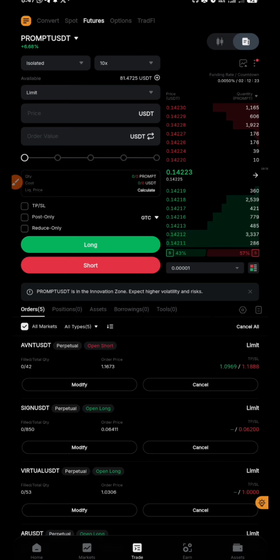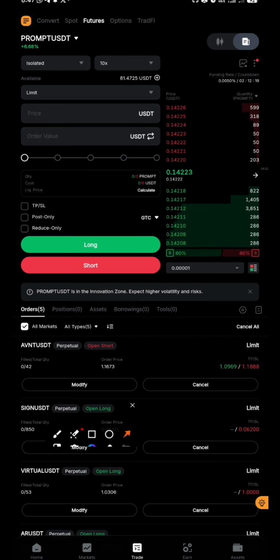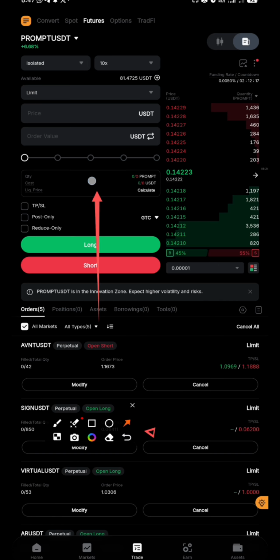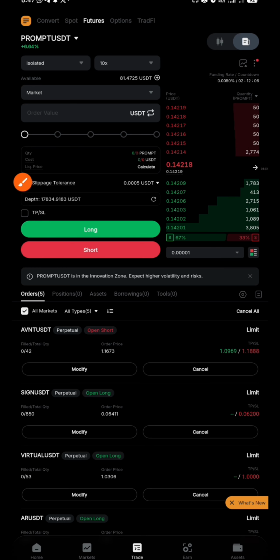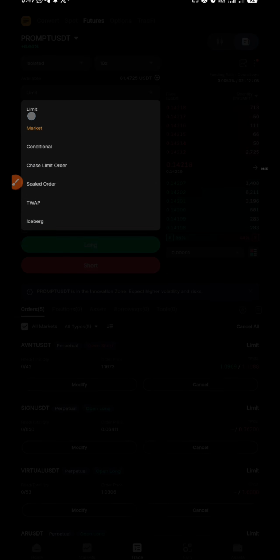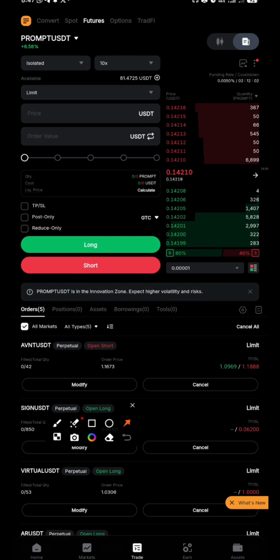Okay, so what's the next thing? You have to understand this place that says price. When you are using limit order, you see these two places come up. If I change it to market, one of them will disappear. But because you are using limit order, you see price.